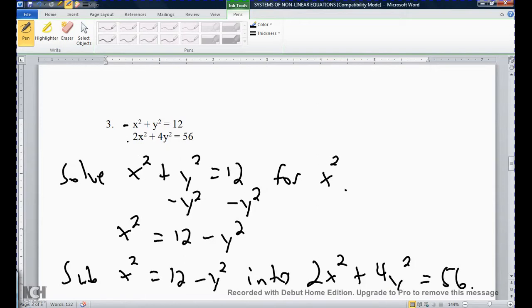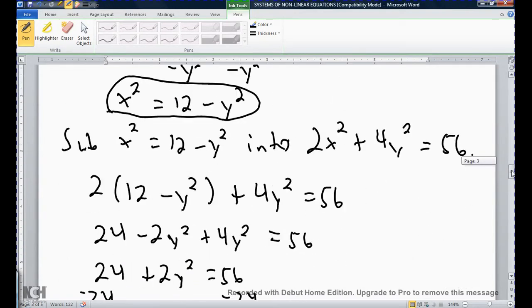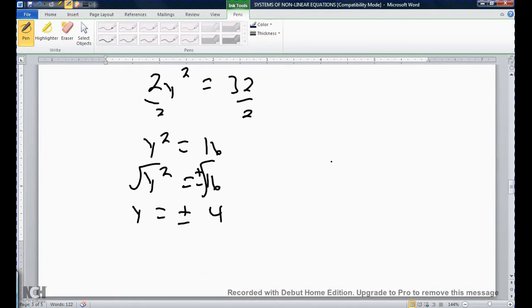I'm actually going to use the first one, but it's been rearranged in this form. So I'm going to use that equation. x squared equals 12 minus y squared.